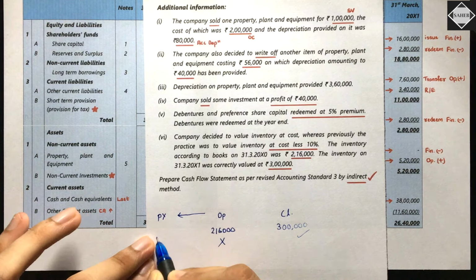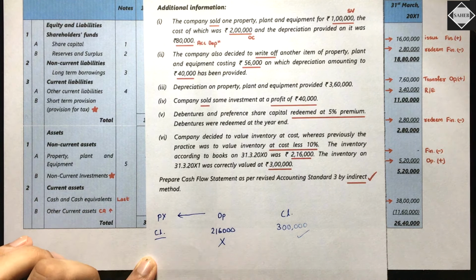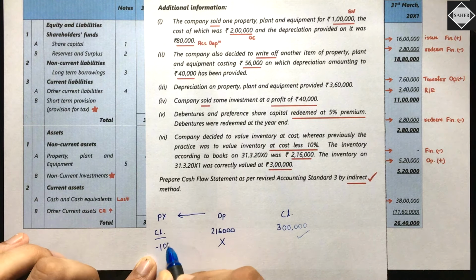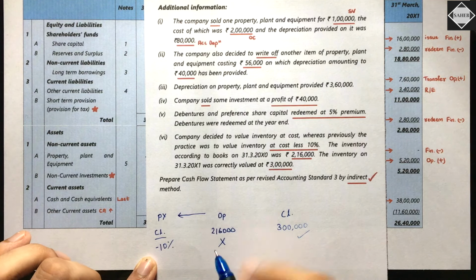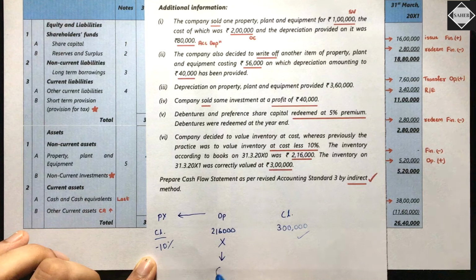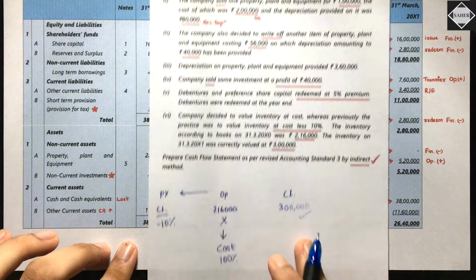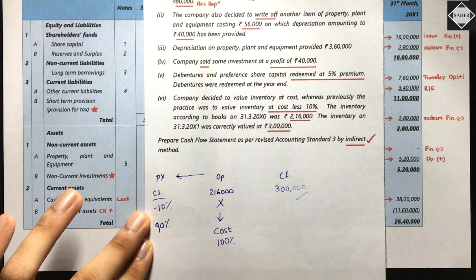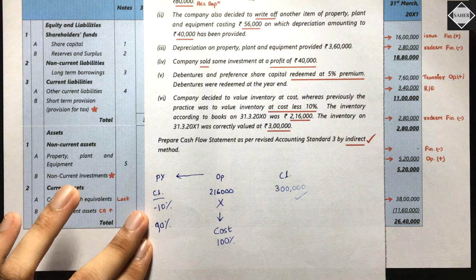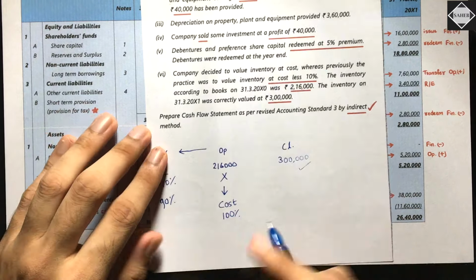In previous year, this opening inventory was the closing inventory, isn't it? So this was valued at 10% less. So now what we have to do in the current year? In the current year, we have to bring this to the cost, to 100%. In previous year, it was valued at minus 10%, which means it is at 90%, right? So now we have to bring it to 100%. If we are bringing it to 100%, that's fine. We'll easily do that. See, it's really simple.